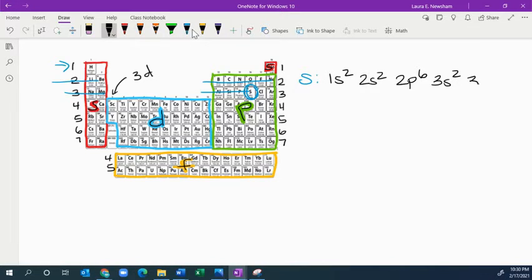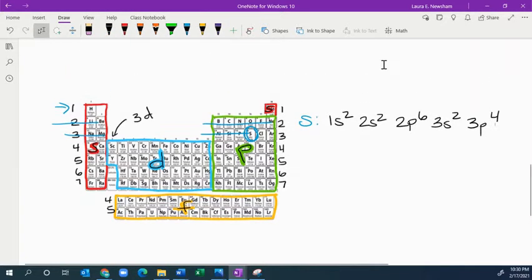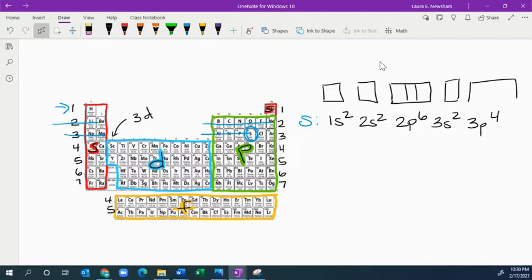Remember, our boxes represent our electrons. So when we're doing our orbital diagramming here, S gets a box, S gets a box, P gets 3, S gets a box, and P gets 3.